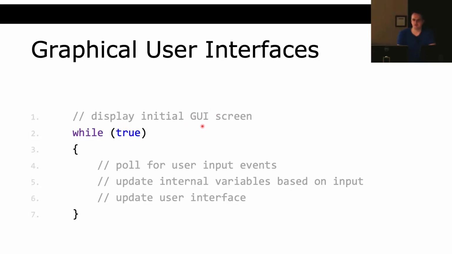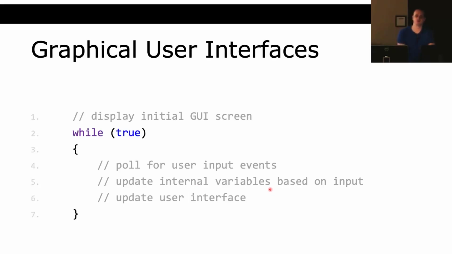So display some initial GUI on the screen, whether or not that contains instructions. This is that initial part where you set everything up and then you display it. And then you poll the user for input events. And if there were user input events, then you update whatever internal variables based on the input events.